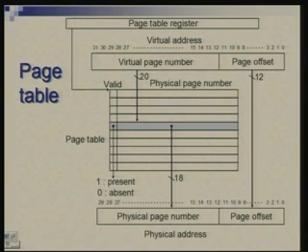Now compare it with cache, how we were doing. In a direct mapped cache, we looked at the index bits and directly went to the cache, where we simply make a check whether it is present or not. Okay.